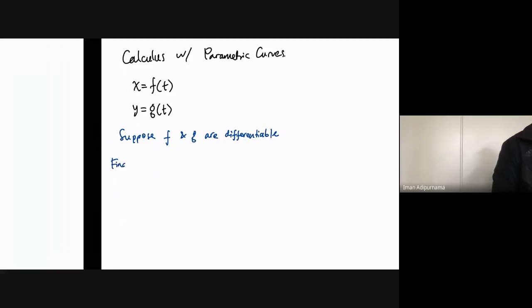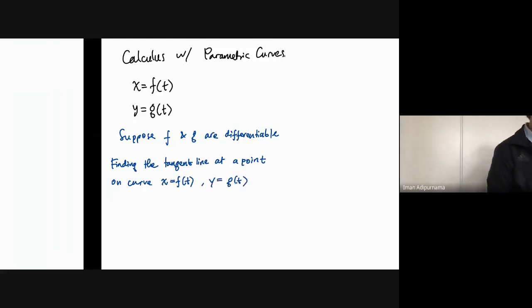We are finding the tangent line at a point on the curve x equals f of t, y equals g of t, and where y is also a differentiable function of x.